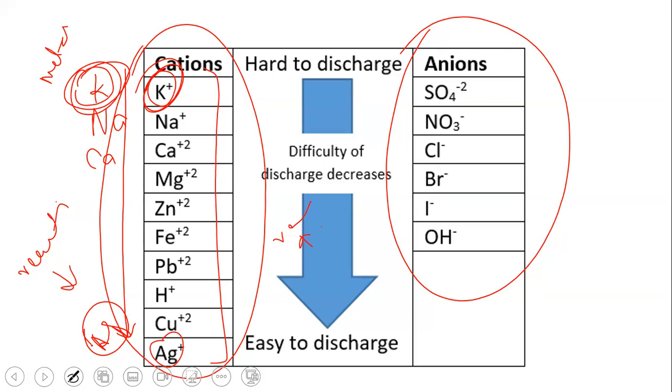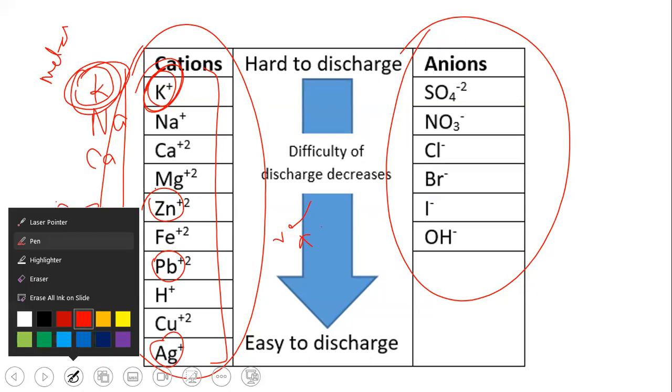So for example, zinc ion, let's take zinc and lead. Zinc metal is more reactive. Lead metal is less reactive. So when I say the zinc ion is more reactive than the lead ion, right? No, one second.